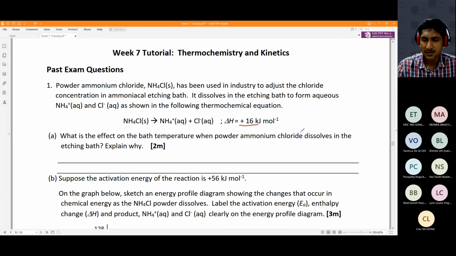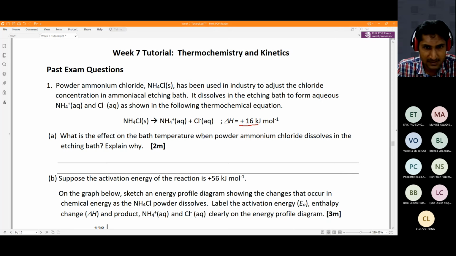If we touch that bath, we will feel it cold because it is taking heat out of the surroundings. That is why, as I was telling you, if you dissolve sodium chloride in water, you will feel it's a little bit cold, because it takes heat to become dissolved in the solution.